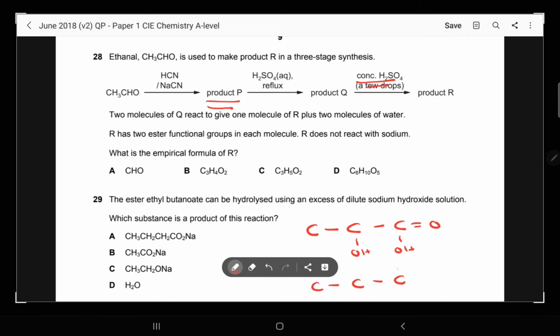So this is going to want to react with another. Let's write like this, C, C, C. Let's make it an OH over here, and the double bond O, OH over here. So both of these things are the same.